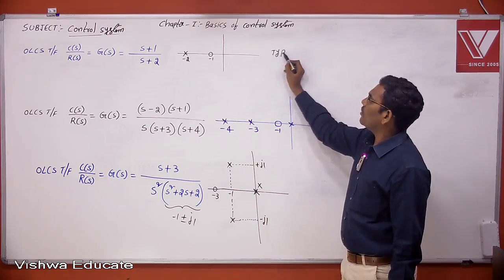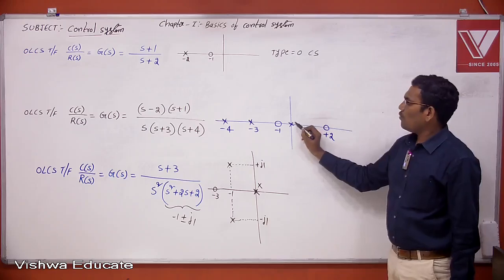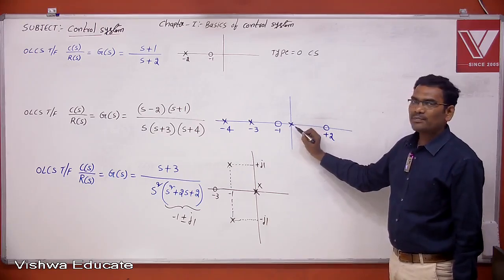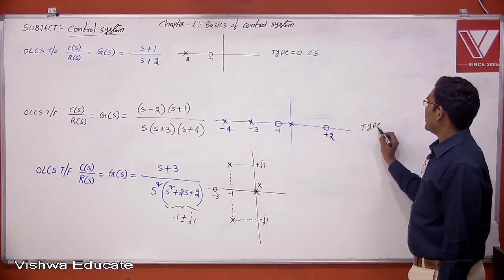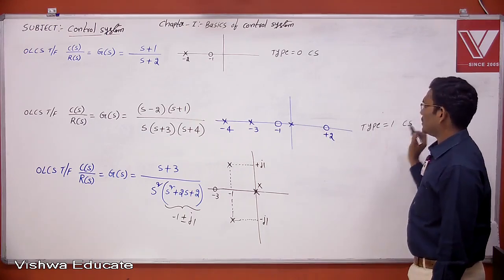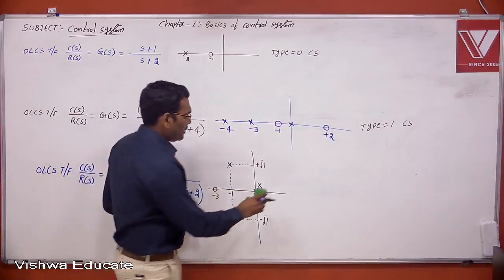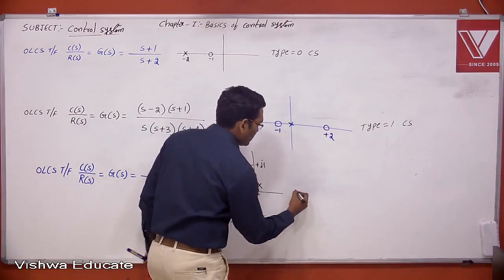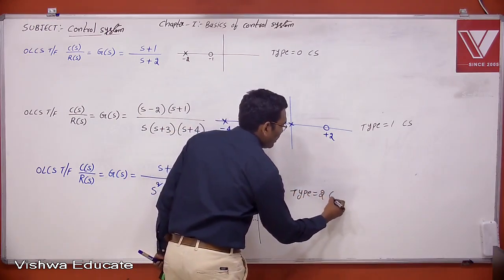This is called a type 0 control system. There is one open loop pole at origin in this open loop control system. This is called a type 1 control system. Then there are 2 open loop poles available at origin. Therefore, this is called a type 2 control system.